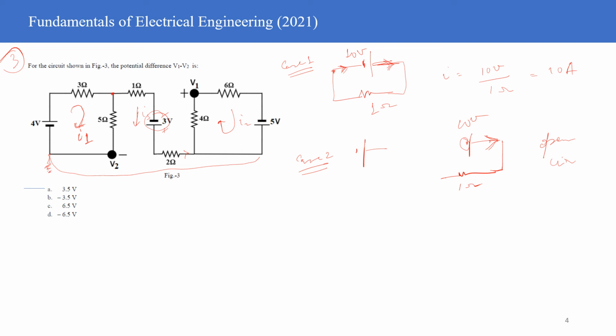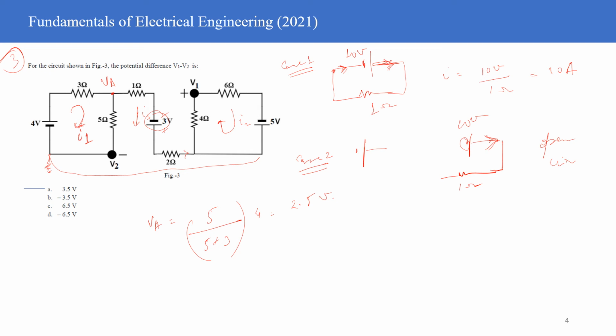So the potential at this particular node, let me call it VA, is 5 divided by 5 plus 3 into 4, right? So that is 2.5. I hope it's very clear.